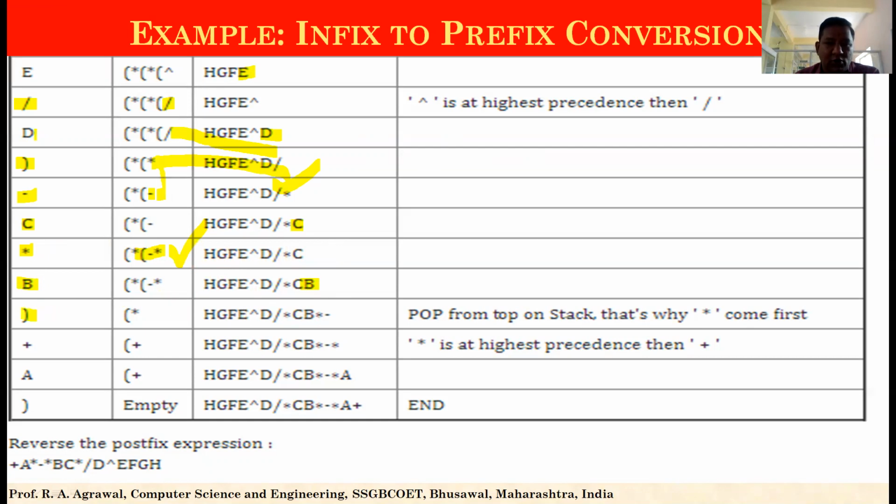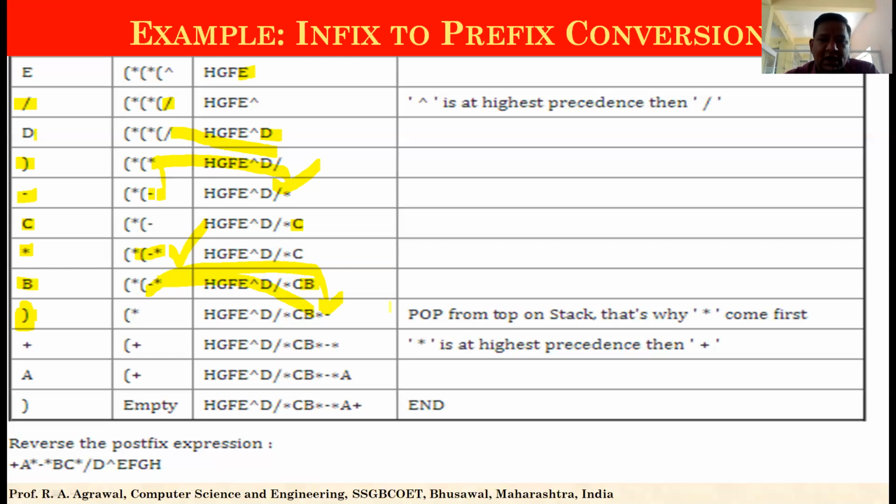Again, you encounter a closing bracket. When a closing bracket is encountered, you have to pop out everything from the top of the stack and add it to the postfix expression. So here multiplication will be popped out first, then the next operator popped out is the minus sign. Add these operators one by one to the postfix expression.